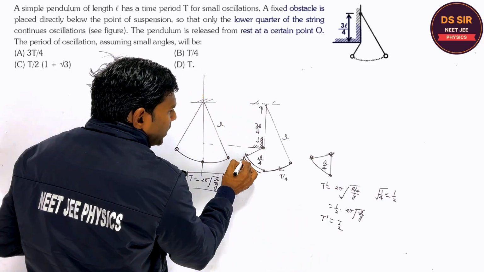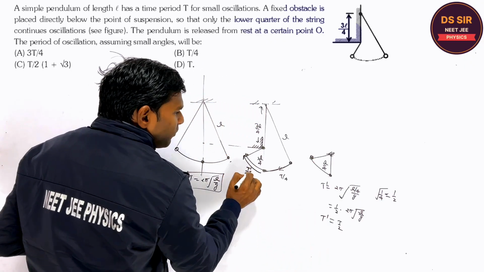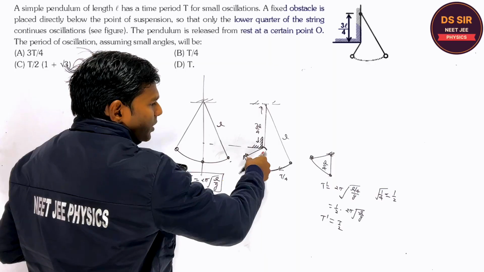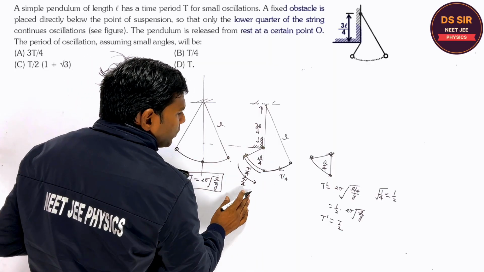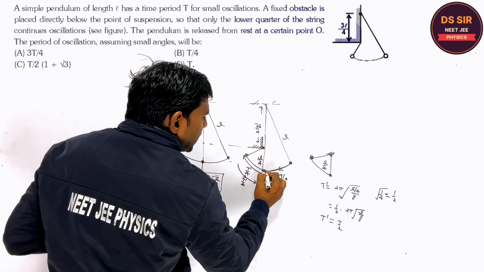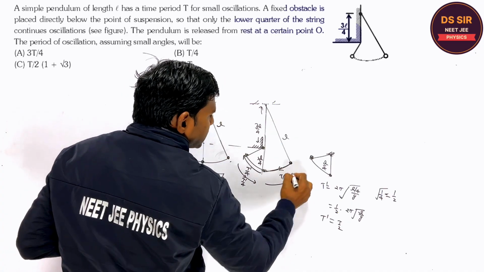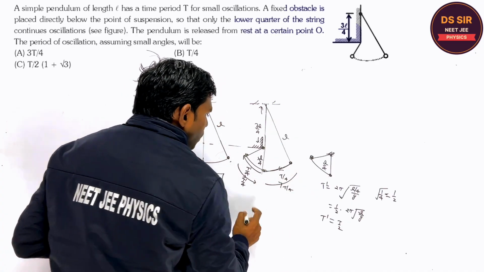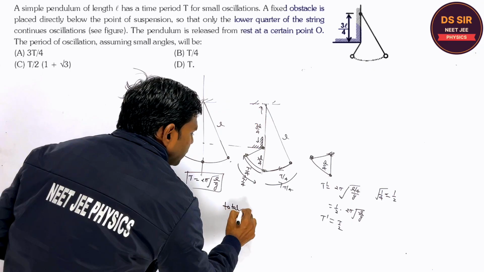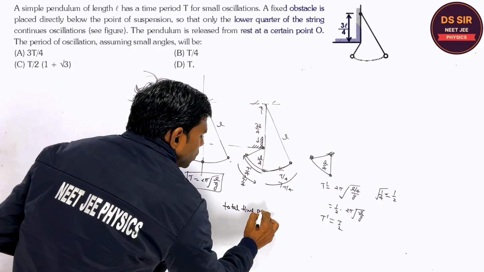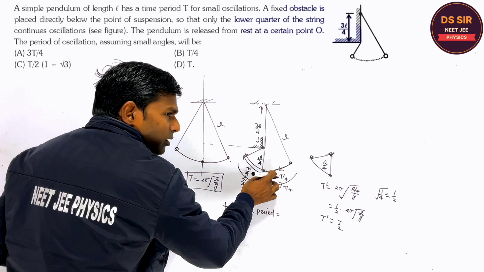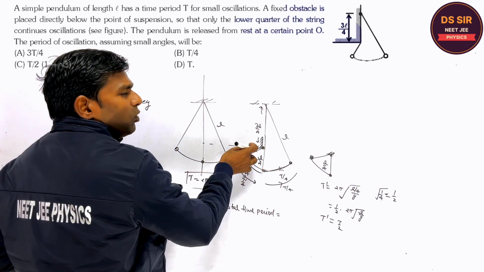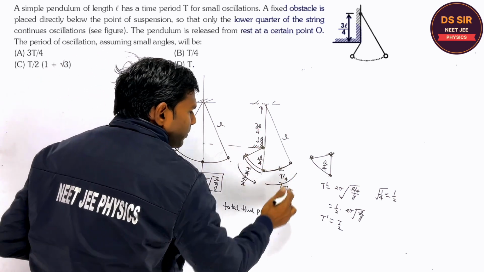So now this time period is T dash by 4, right? And this time period is again T dash by 4, and then it becomes the complete length and moves in this way. So this is T by 4. So what is the total time period? Total time period is T by 4, T dash by 4, T dash by 4, T by 4.